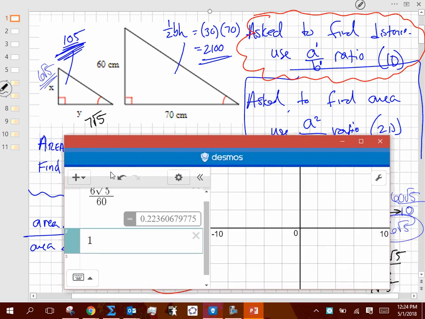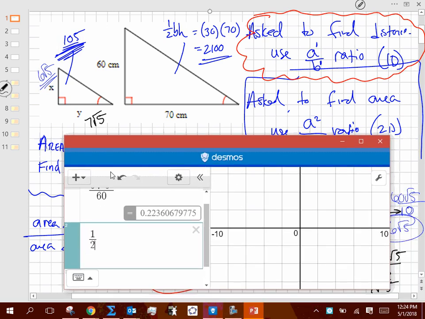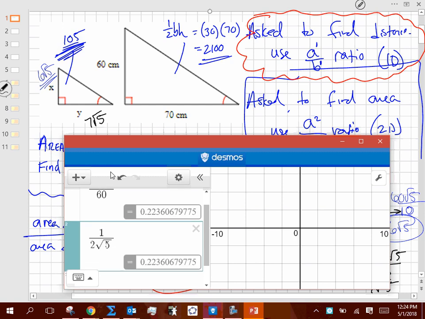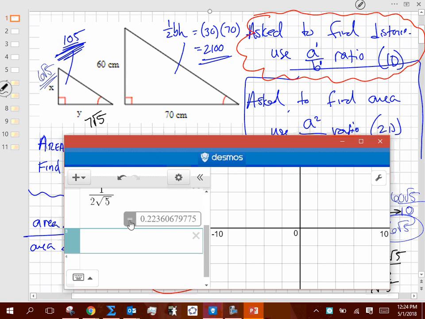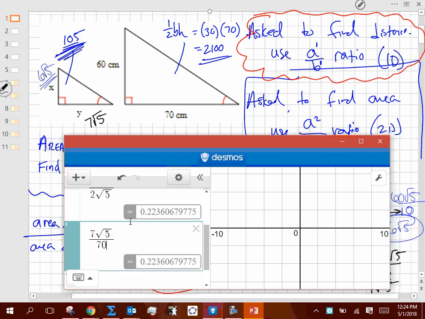So 1 divided by 2 square root of 5. Does that give me the same thing? Okay. And we should also know that 7 square root of 5 should relate to 70 in the same way. And it does. Okay. Does that make sense, everyone?